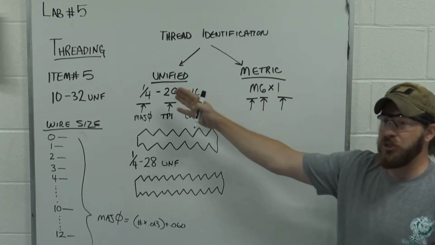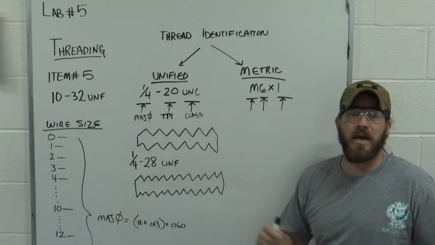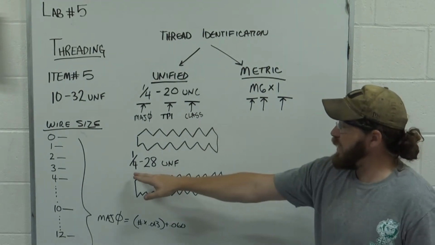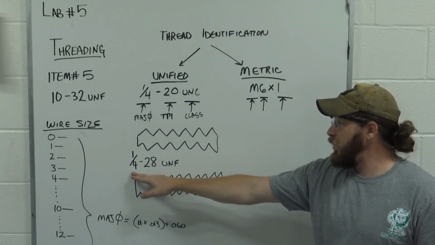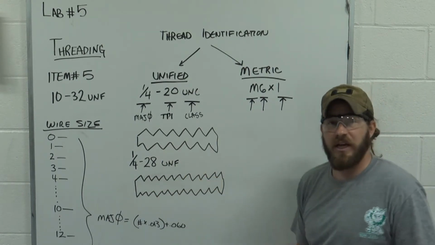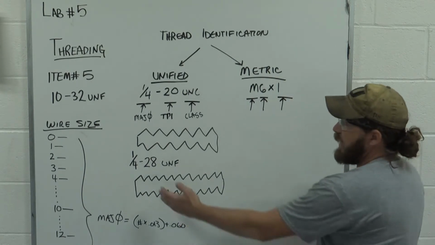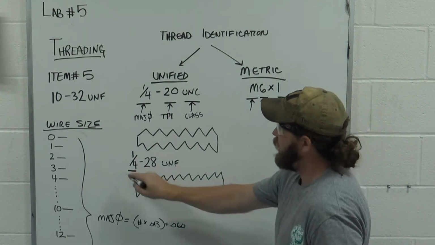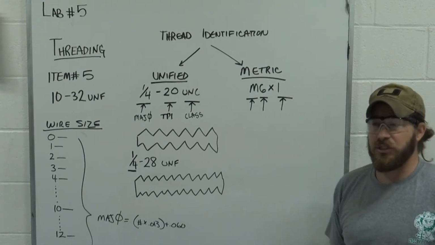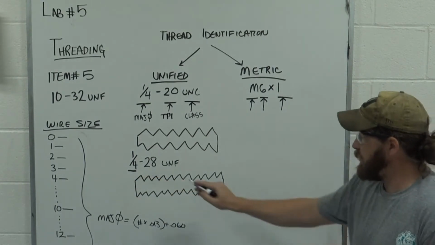So we can also change these two values right here to make a new thread. Down here I have written out a quarter 28 UNF, which is another standard thread. Again, this first quarter is the major diameter in inches. So a quarter inch will be the major diameter.